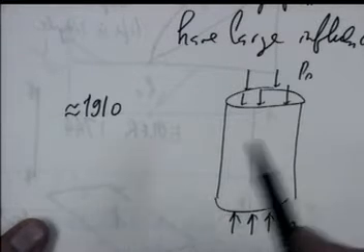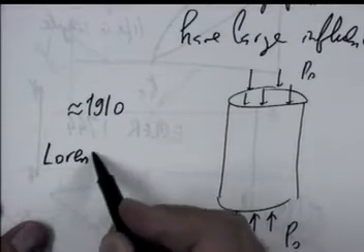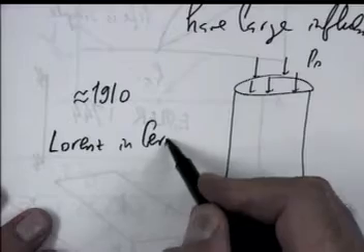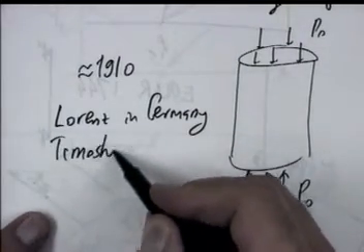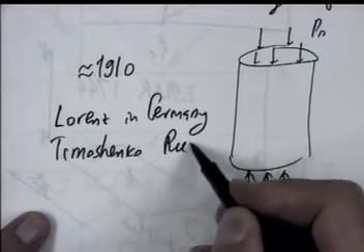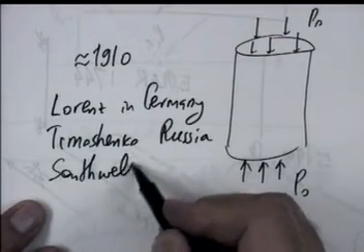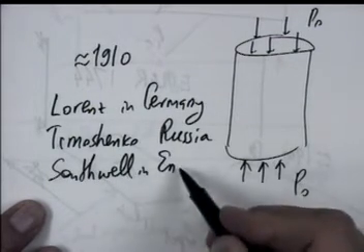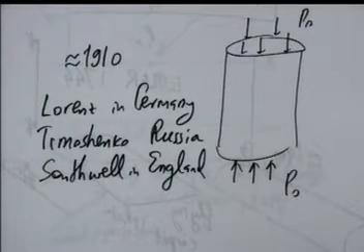In 1910, approximately three people, Lorenz in Germany, Timoshenko in Russia, and Southwell in England, generalized this Euler's formula for the shell. These are three people.